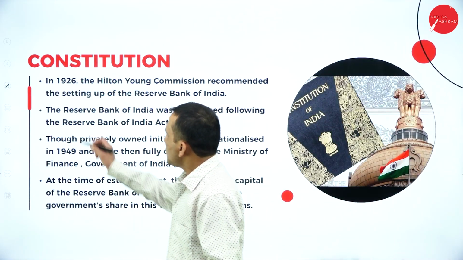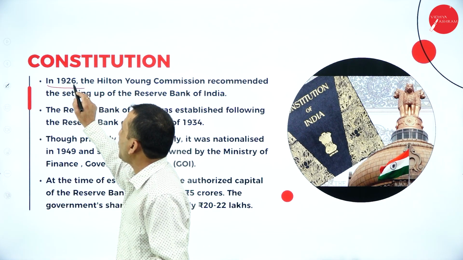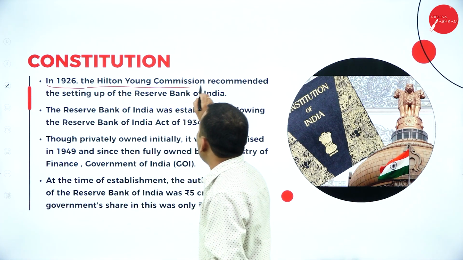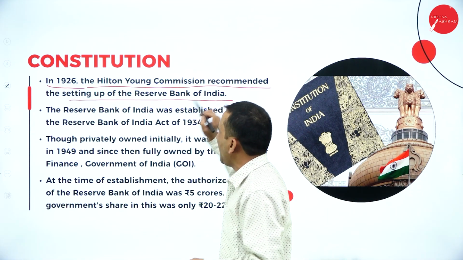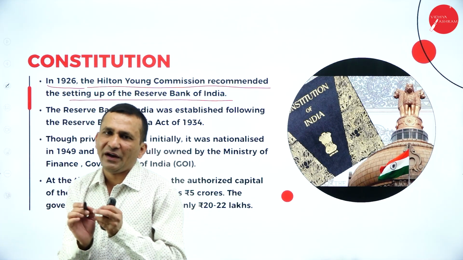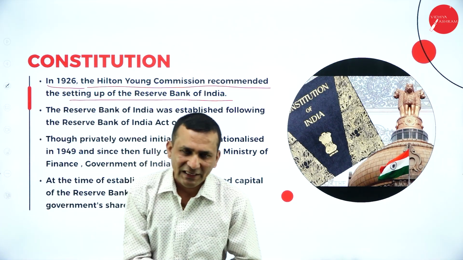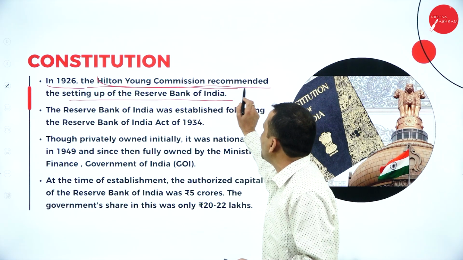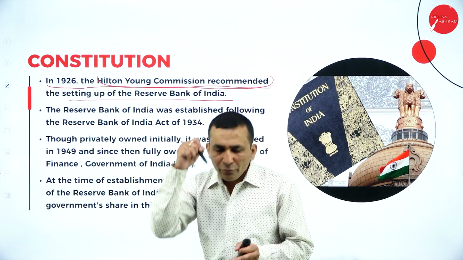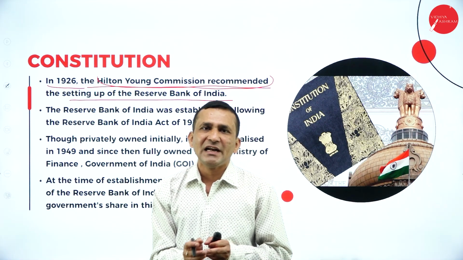Moving forward, in the year 1926, the Hilton Young Commission recommended setting up the Reserve Bank of India. You must remember the Hilton Young Commission recommended it, and then only RBI took responsibility.